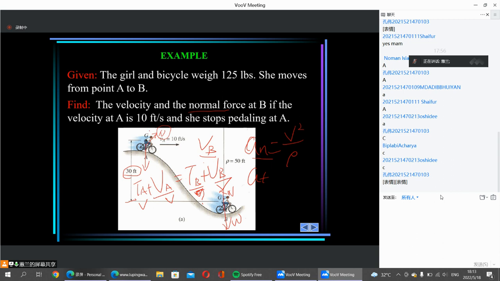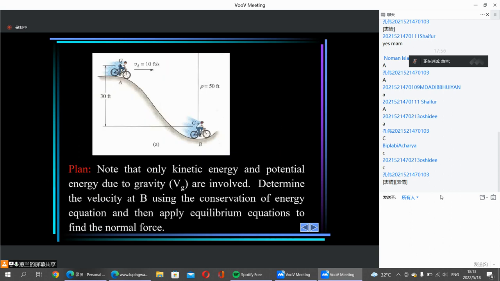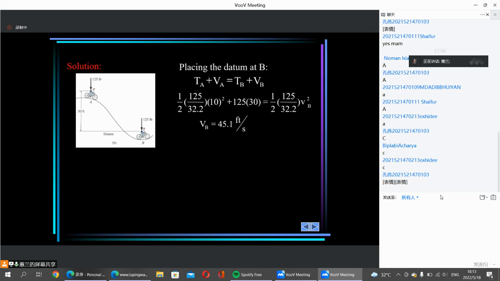We can find the normal force, right? So it's not difficult, right? We can use conservation of energy, or we can apply the work and energy equation. Okay, so we just go through this again, together.